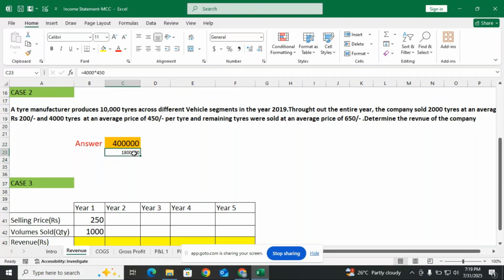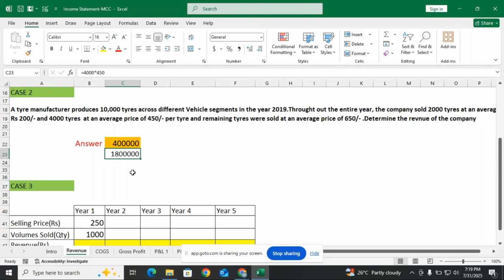One second, wait. And again, the remaining tires, which are how many? Out of 10, if 2 plus 4 goes, the remaining is 4,000 tires. Okay, if they are sold at a price of 650 per tire, then you are going to calculate the total sum of this.